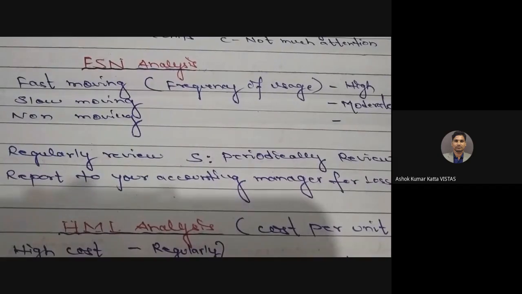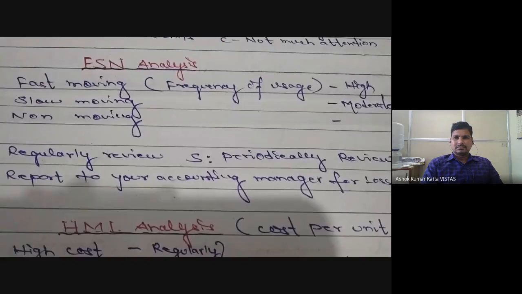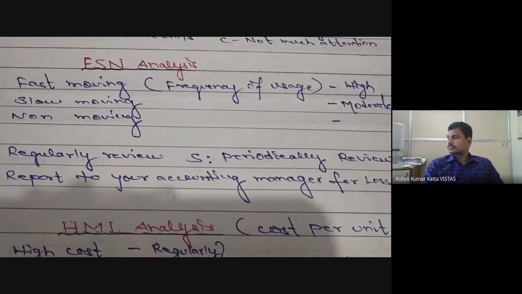So what are the different things we need to take care of, how do we control inventory through this technique? We have to pay much attention to fast moving, because if there is a shortage of raw material or components in fast moving items, then it is difficult to control the plant.